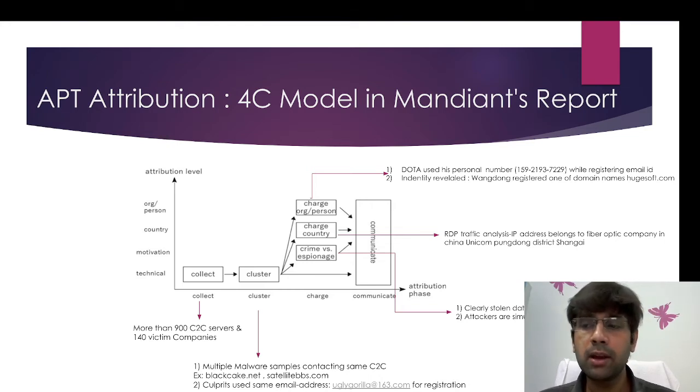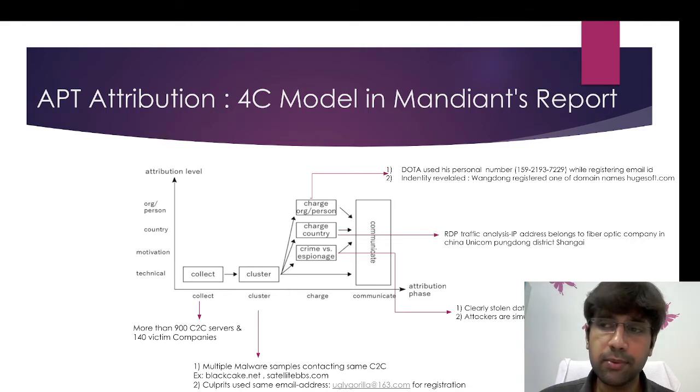At the same time, attackers were active in multiple victim networks, which directly correlates to the official working hours of people in China.